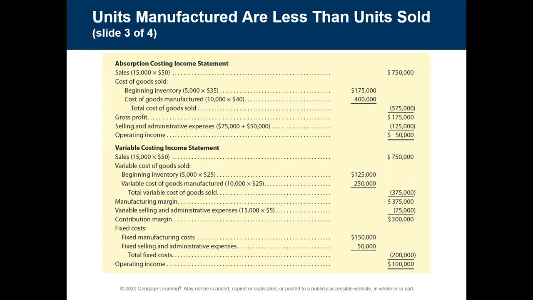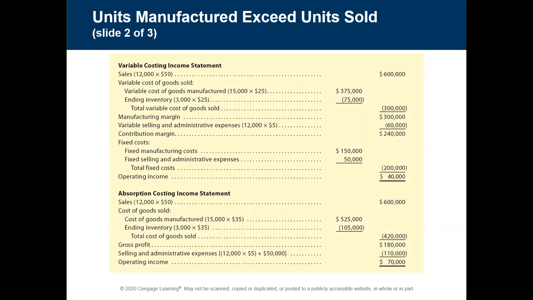And so the takeaway is just this recognition of, if we produce the same amount of units that we sell, then our net income under both absorption and variable is going to be identical. But if we produce or manufacture more than what we sell, back to this one, then our operating income or net income under absorption will be higher than variable.